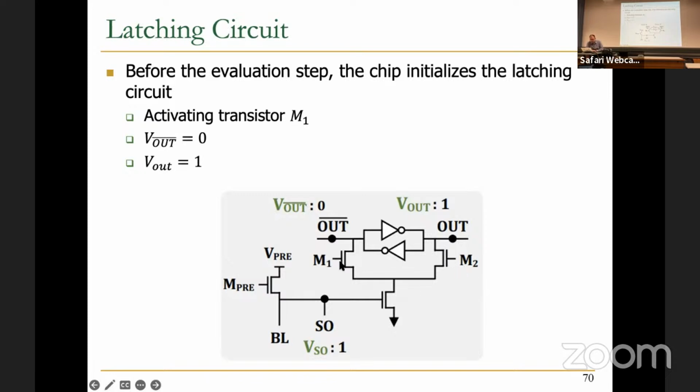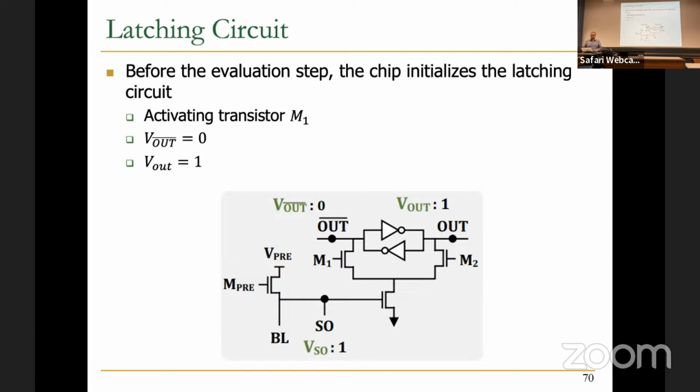Since you apply M1, this out bar or out prime is also connected to the ground, because this part is connected. That means your voltage for the out prime is 0. And because of this back-to-back NOT, you have V out set to 1. And this actually remains 1 because M2 is not connected to the ground. Clear? So that's the initialization part.